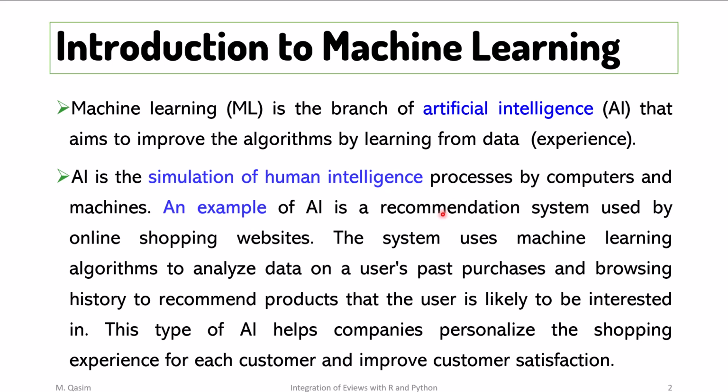And let's take another example of recommendation systems. Artificial intelligence is used in recommendation systems found on different platforms such as Netflix and Amazon. These systems analyze user preferences and behavior to suggest relevant movies, products, or content. So these are the examples of artificial intelligence.